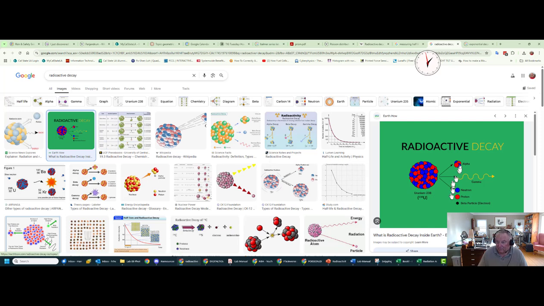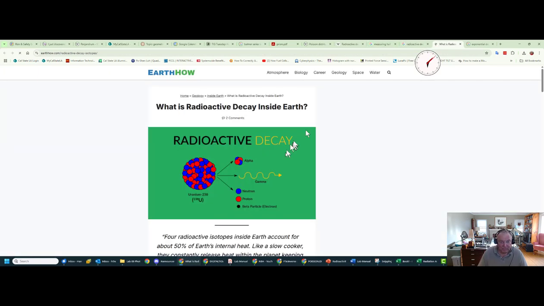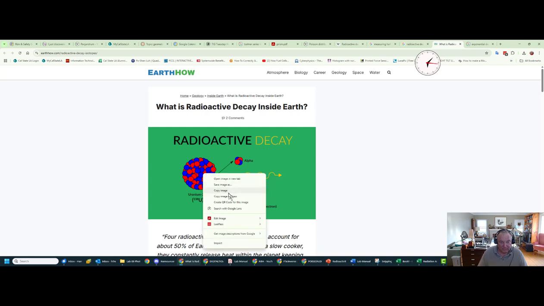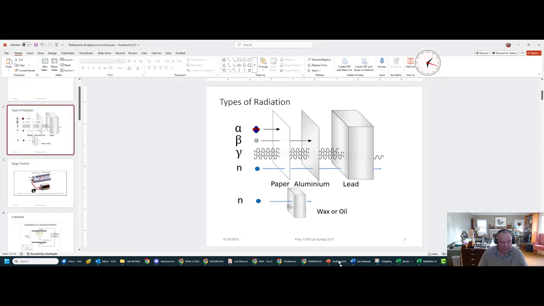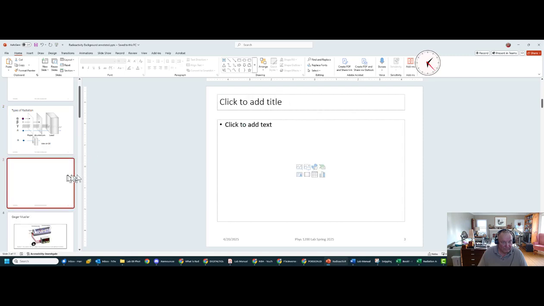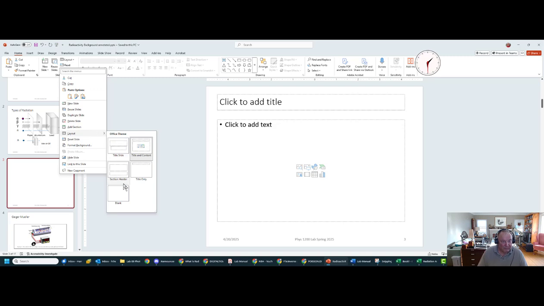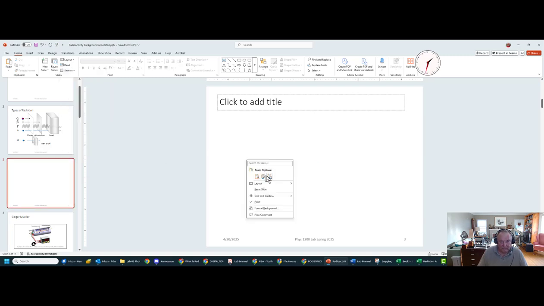So, there we go, alpha particle. It doesn't show the betas here. Oh, there it is down below. Nice. So, we might as well copy this image. I did so much work to be prepared, and now I'm still finding new stuff I could do. Okay, layout. Let's paste that.